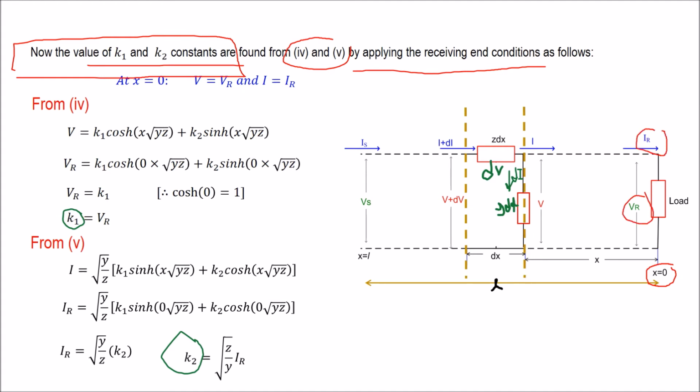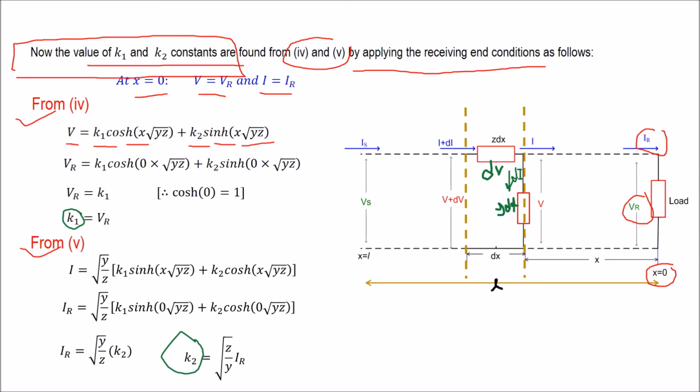So from equation 4 we get V equal to K1 cosh(x√(yz)) plus K2 sinh(x√(yz)).